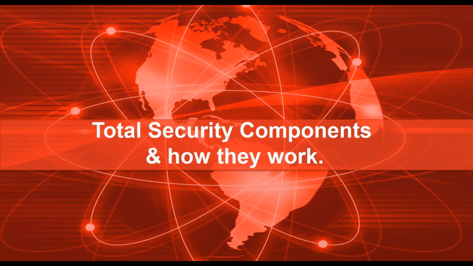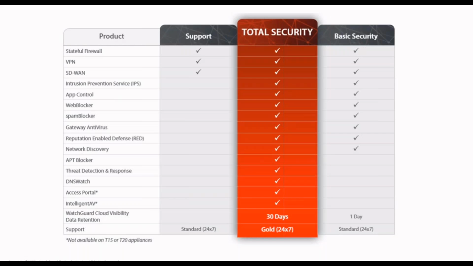Great. Now let's take a look at the total security components and how they work. This slide shows all the services and suites available from WatchGuard on their Fireboxes, whether it's an appliance, in the cloud, or virtual.